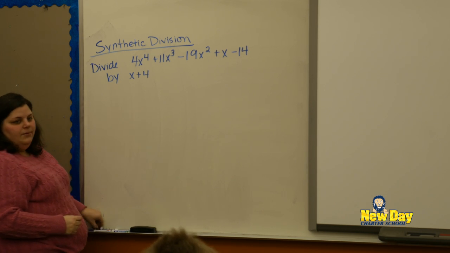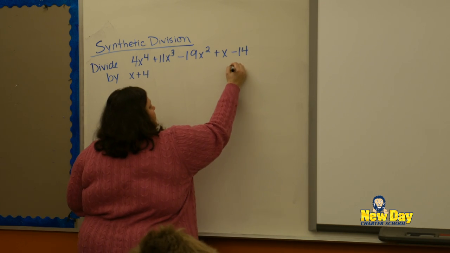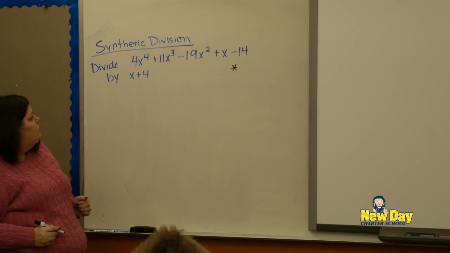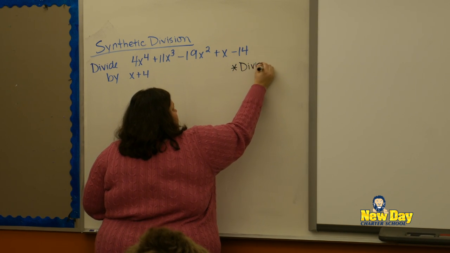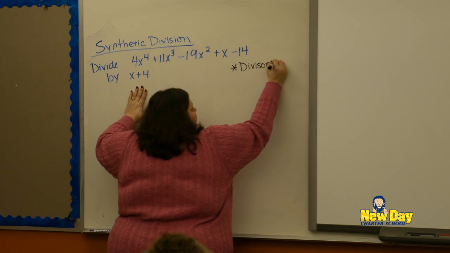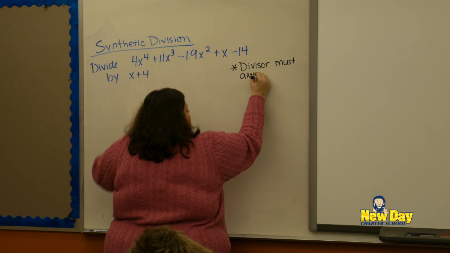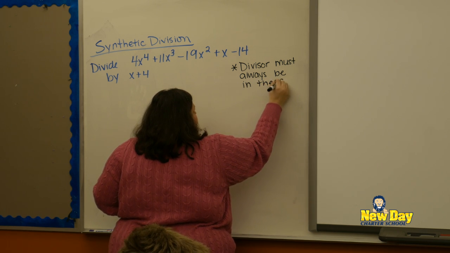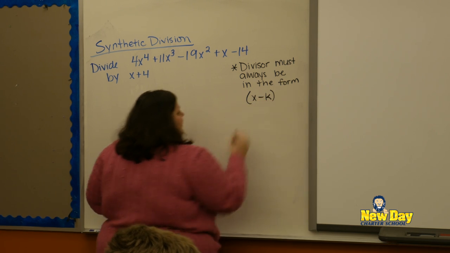Before you do this, there's an important note. Okay? So our divisor, which is what we're dividing by, must always be in the form x minus k, where k is some number.